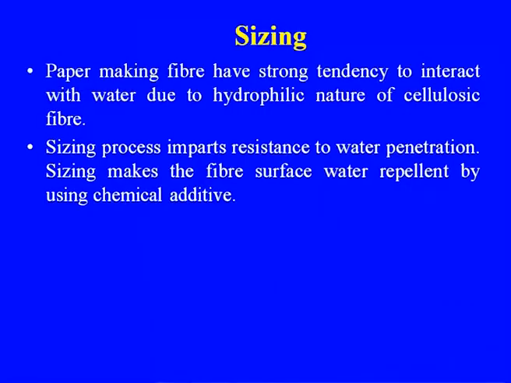So, the sizing process imparts resistance to water penetration. Sizing makes the fiber surface water repellent by using chemical additives, such as alum and rosin, or AKD, or neutral sizing material.